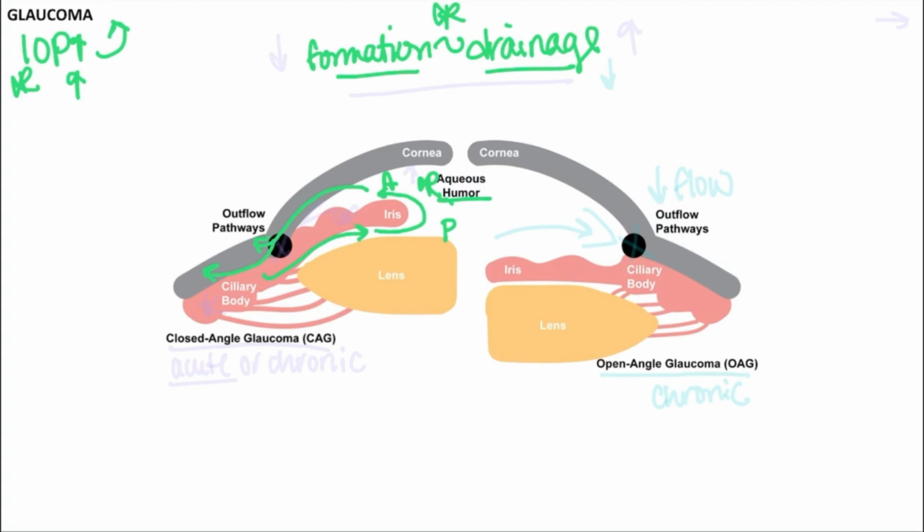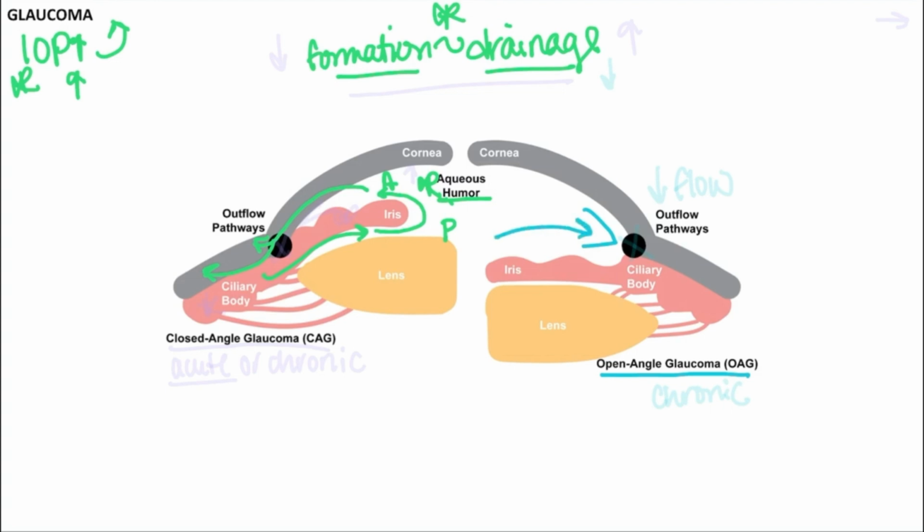The first one we will discuss is open angle glaucoma, which is the most common and refers to this angle here between the iris and the cornea remaining open, so that this angle required for drainage remains unoccluded by the iris, for example.